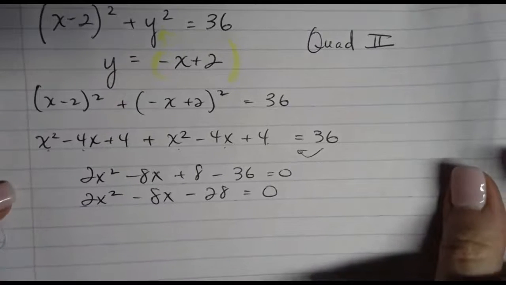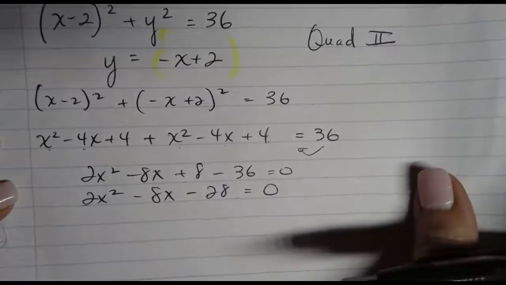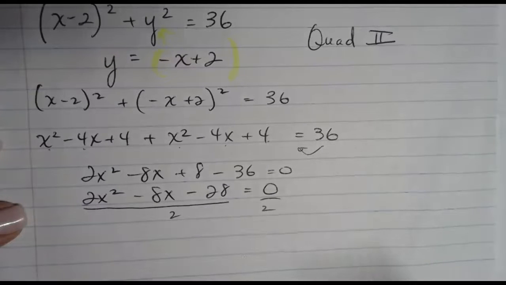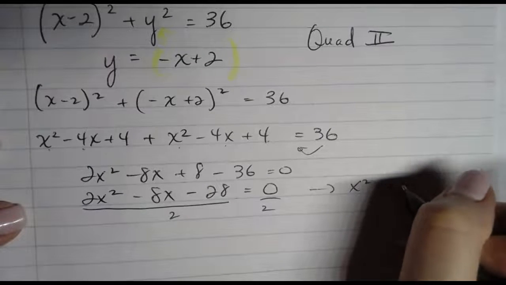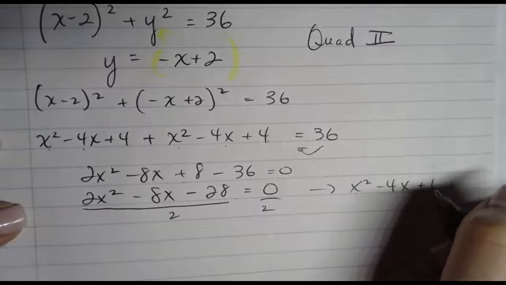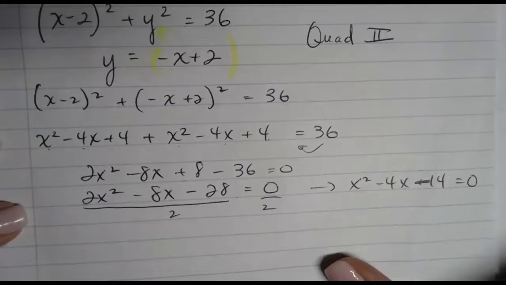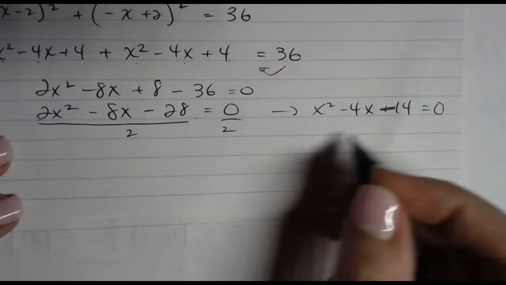Now, hopefully the next thing you see is that every single one of these numbers is divisible by 2. So, goodbye, take the 2 out, which takes us to x squared minus 4x minus 14 equals 0.